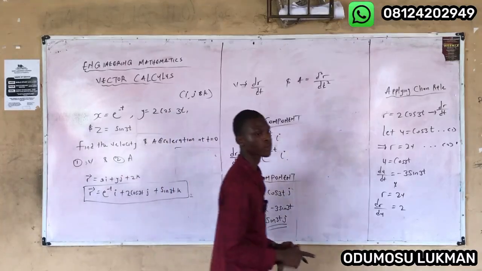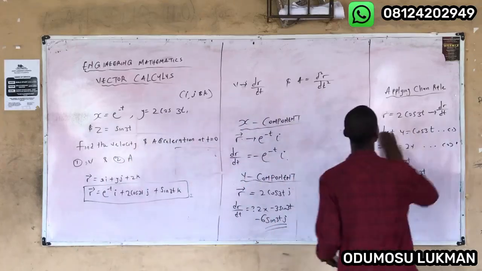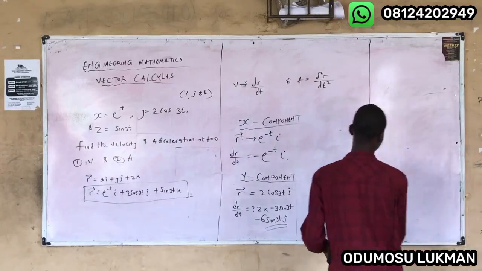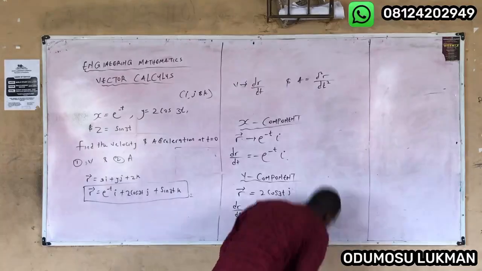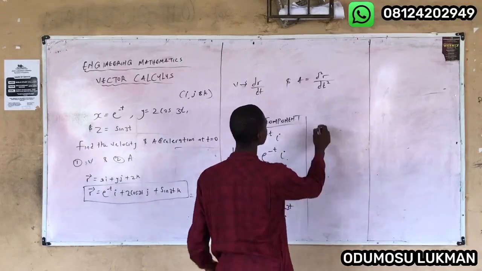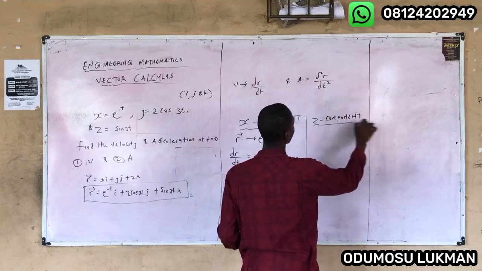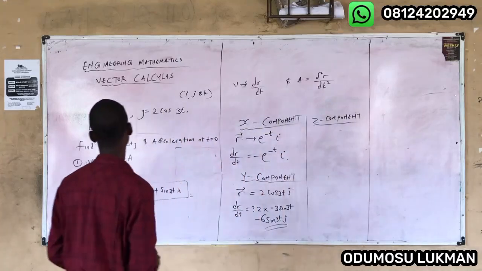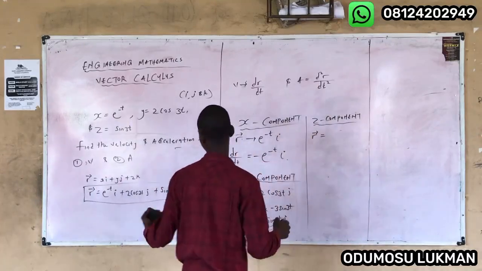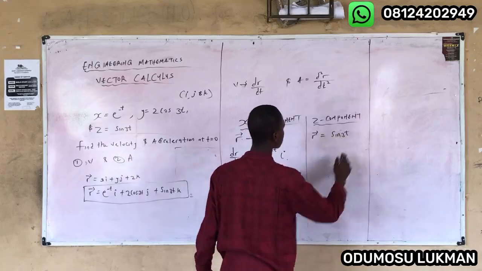Do you understand? Any question? Now for the z component, what do we have here? We have r equals sine 3t.